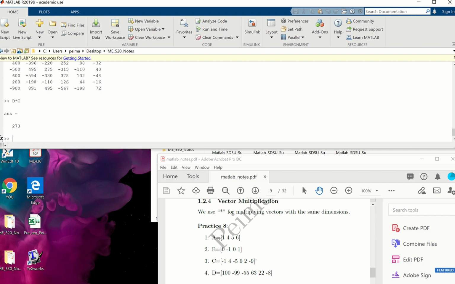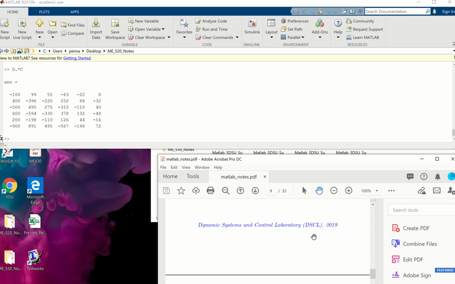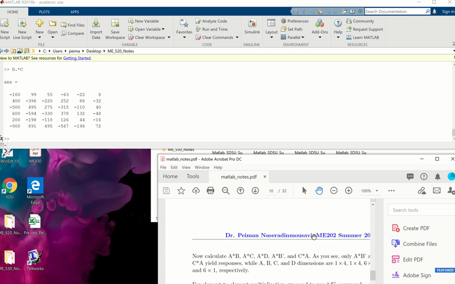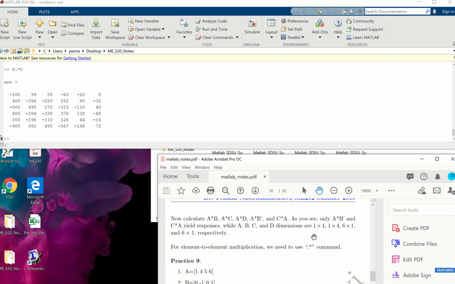You have to be very careful. And if I do D multiplied by C element by element, it's going to be again a matrix. So these are the linear algebra that you know from high school. That's right.